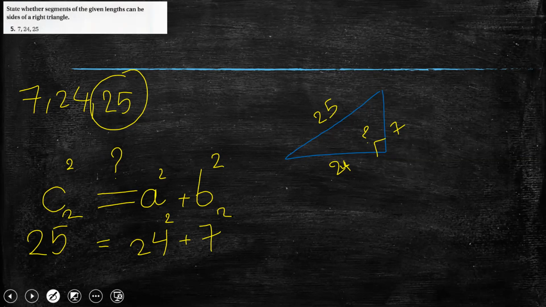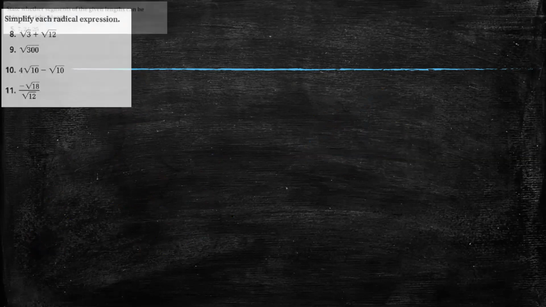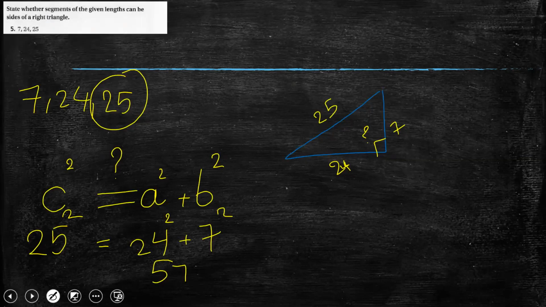Now let's see. 24 squared is 576 plus 49.